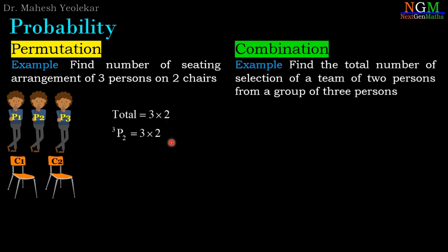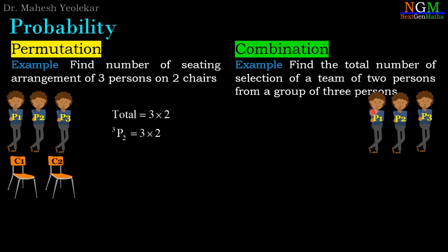Now, combination. Example: find the total number of selections of a team of 2 persons from a group of 3 persons. We are given 3 persons P1, P2, P3 and we are going to make a team of 2 persons. The first possibility is P1, P2, and P2, P1. That means first we select P1 and then P2, or first we select P2 and then P1. But in both cases, the team contains the 2 persons P1 and P2, so these two are the same team.